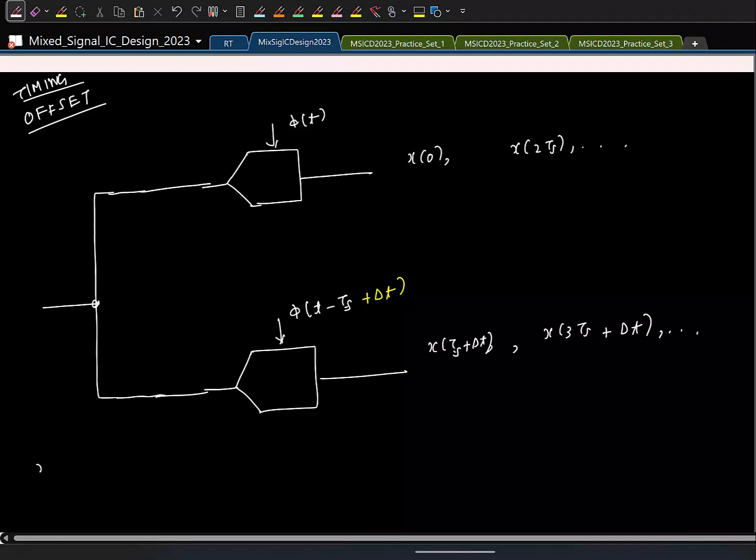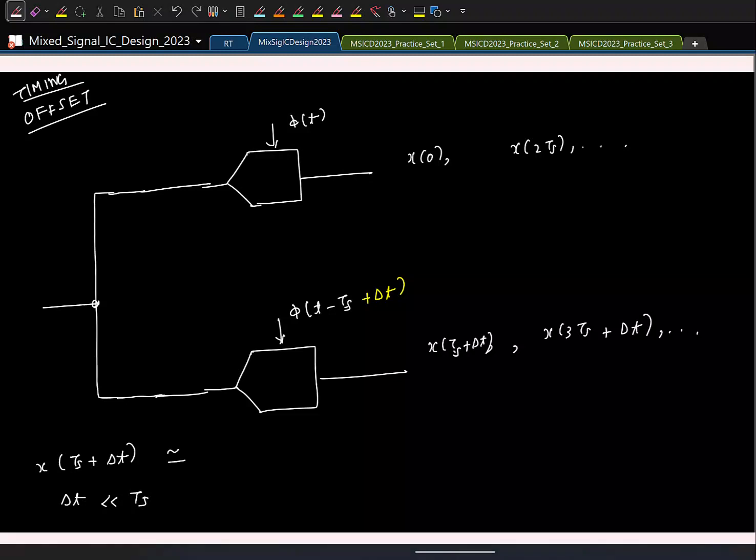Now if I take x of ts plus delta t, remember that delta t compared to ts, do you think delta t will be smaller or larger? It's going to be much smaller, right? So how can I approximate this? I have f of x plus delta x.